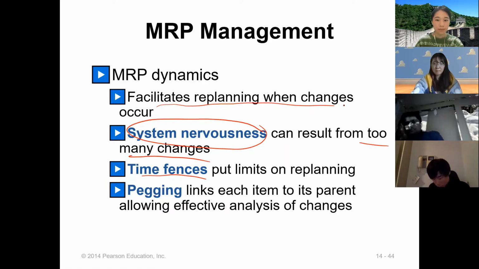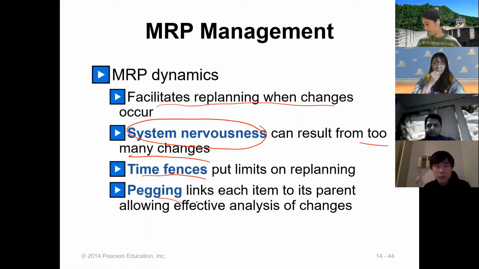There's a term called pegging, which links each item to its parent. When one thing changes, then you need to change the whole thing. For example, if the order from the master production schedule suddenly increases by 10 more units, those 10 more units will affect the child parts.